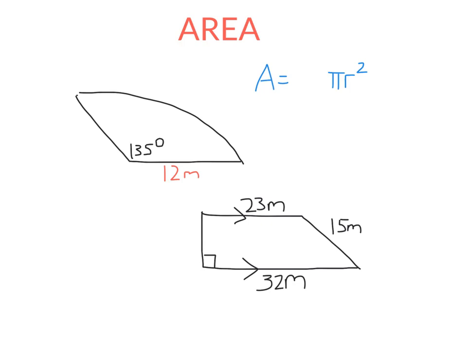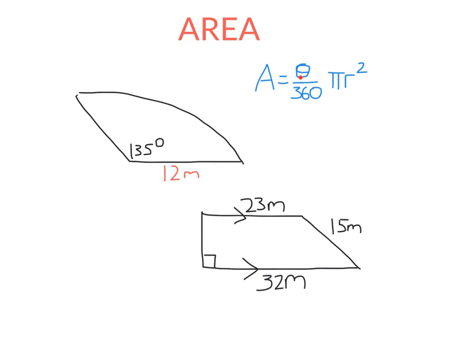So the way that we figure out which fraction of a circle it is, whether it's a half, a third, or whatever, is this angle here divided by 360. A full circle has 360 degrees. This has only 135 degrees. So what we can do is take that angle, which I'll call theta, divide by 360.